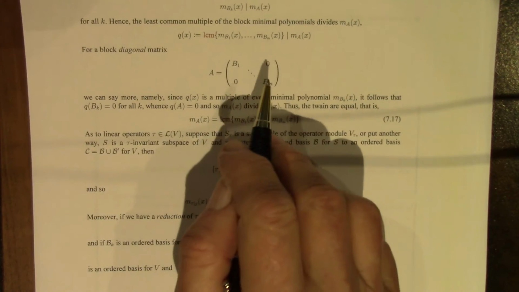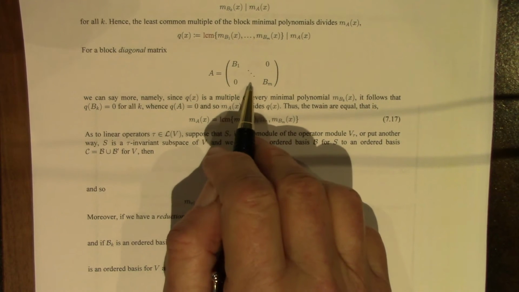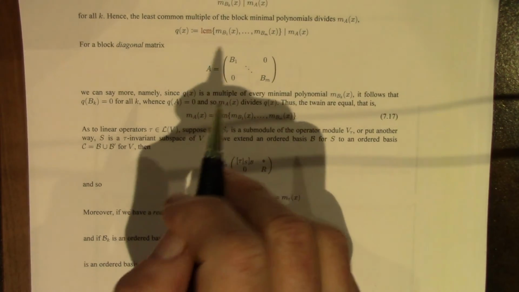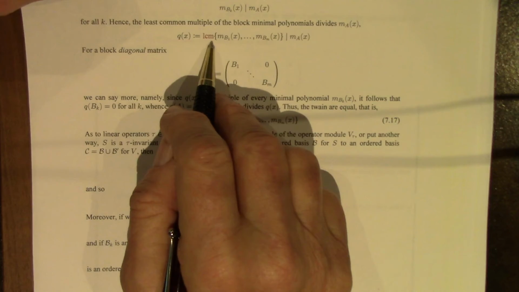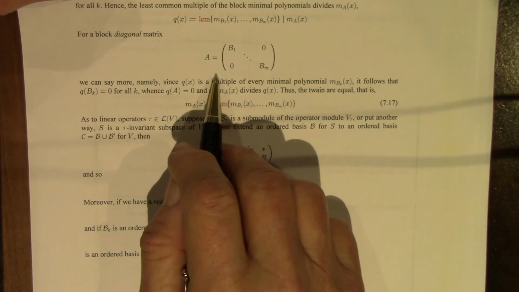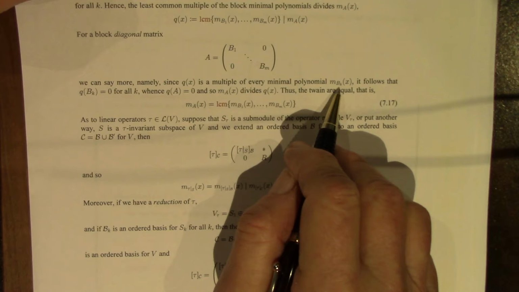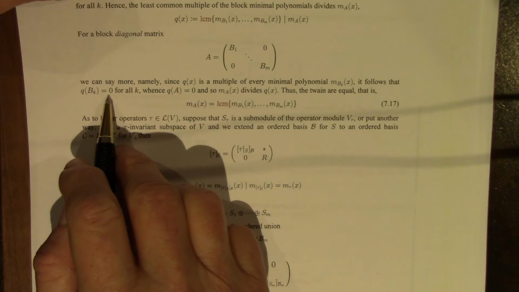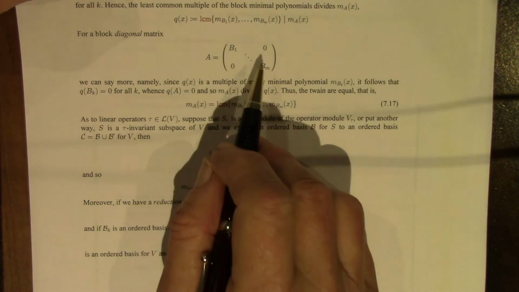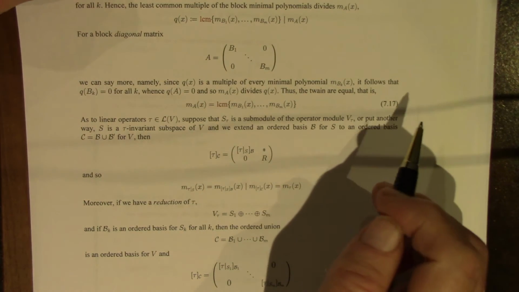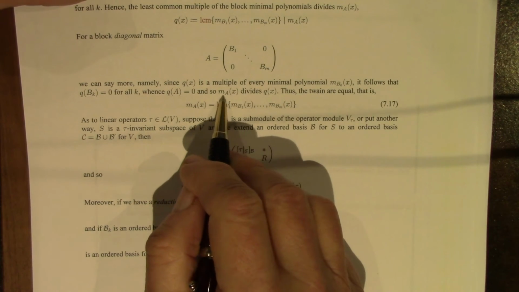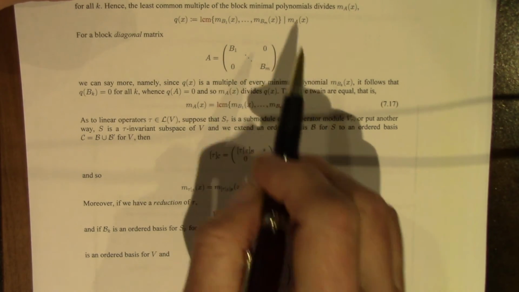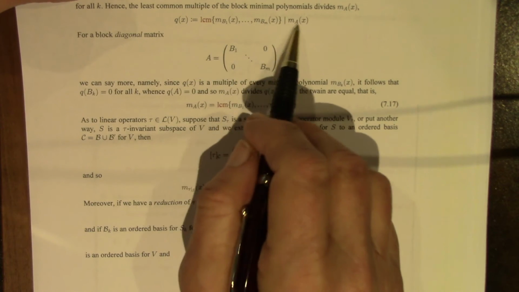But if the original matrix was block diagonal, we can do better, because Q of X, this least common multiple, is a multiple of every one of these minimal polynomials. So Q of BK is 0 for all K, and therefore Q of A is 0. And so the minimal polynomial of A divides Q of X. That's the opposite divisibility property here.